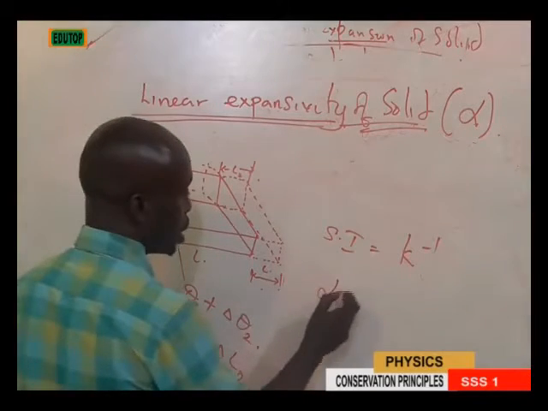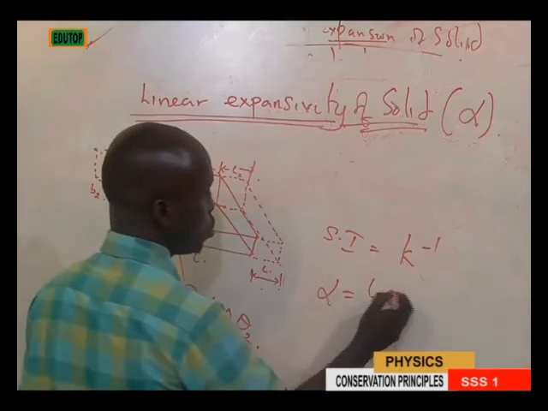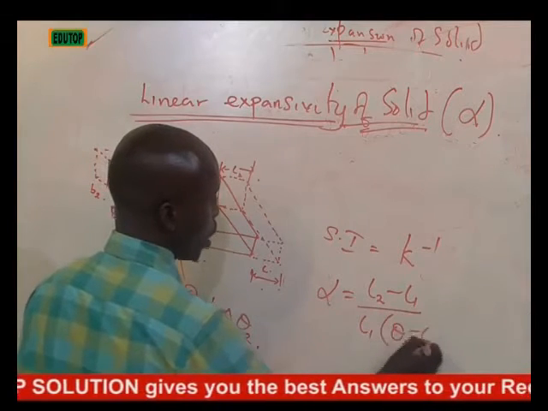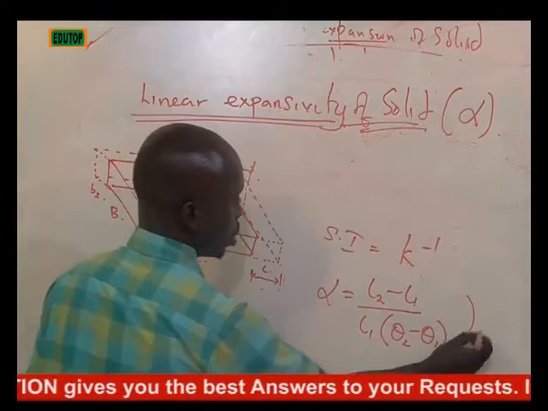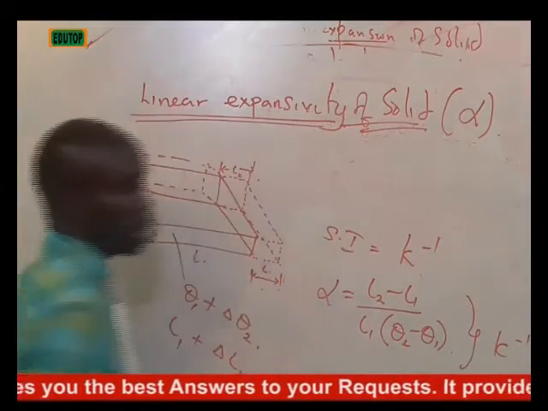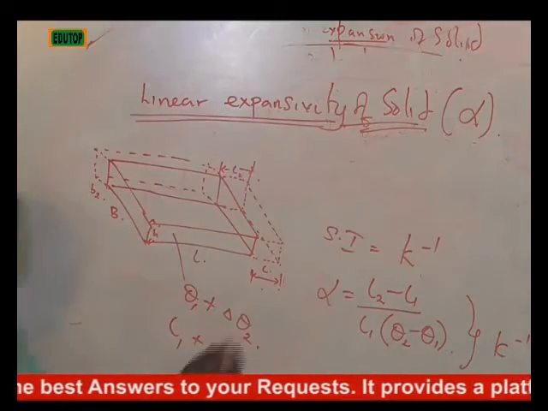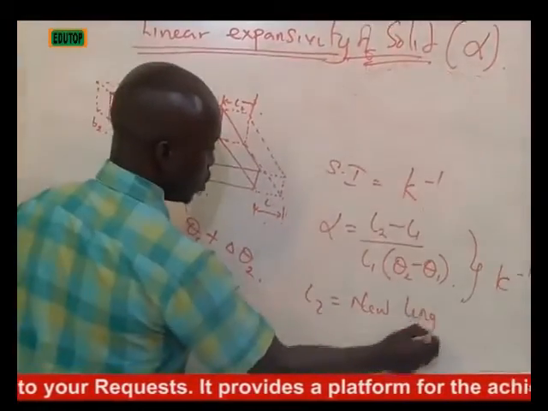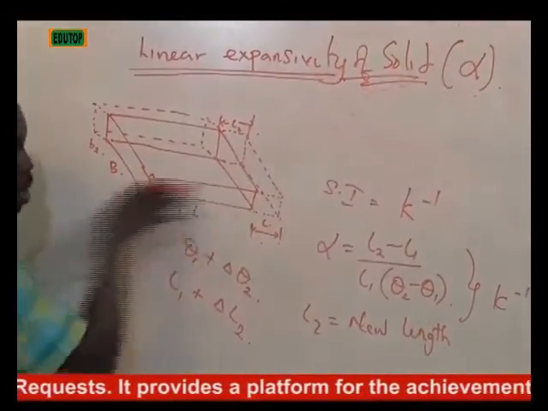So our alpha is given by L2 minus L1 over L1 into bracket θ2 minus θ1. All is measured in per Kelvin. L2 is your new length, the new length to which this particular body expanded.